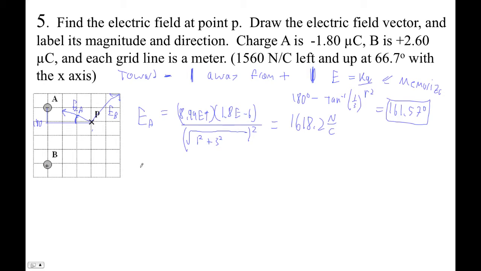All right, so let's find the electric field of B. Okay, that's going to be, got to keep this all separated. All right, that is 8.99 E9 times, let's see, B is 2.6. Notice that I did not put the minus sign in there because that would confuse me to have a negative number here, right?